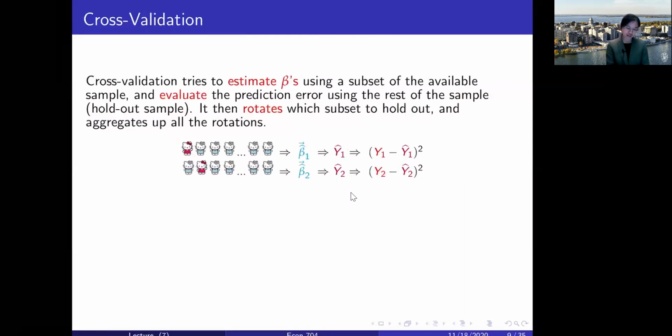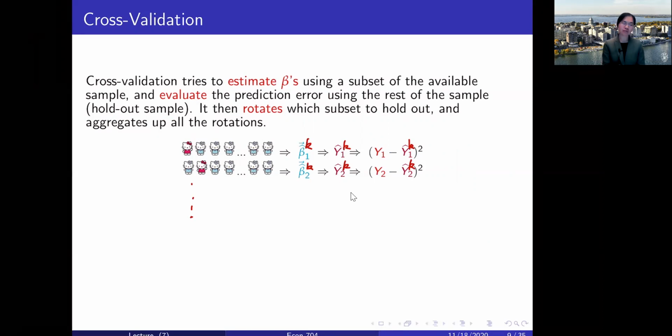So now the second time you do it, you're gonna use the second kitty as the holdout sample and use the rest as the estimation sample to obtain your beta 2. So all of these are done for fixed K. And then you continue on until you rotated the sample completely.